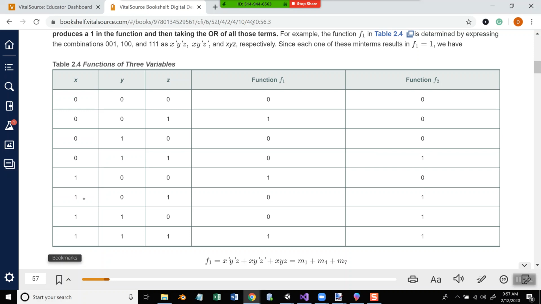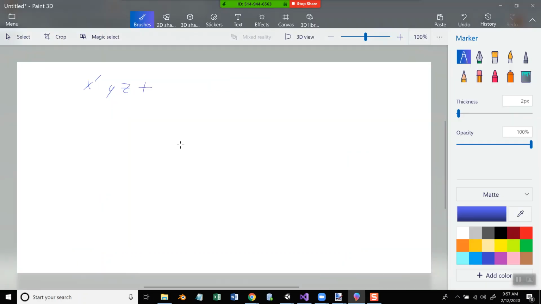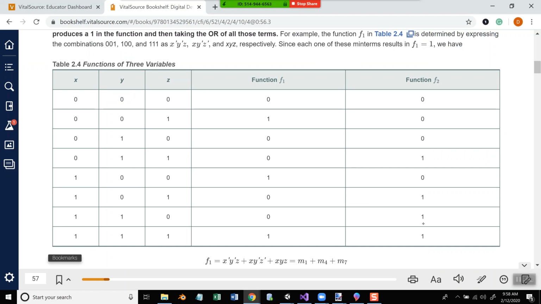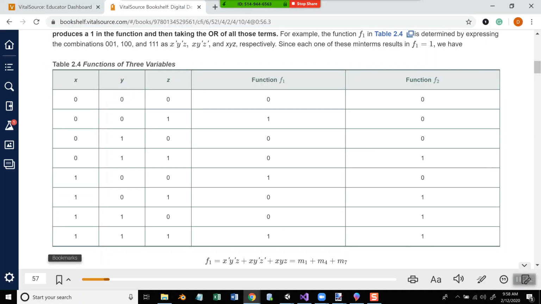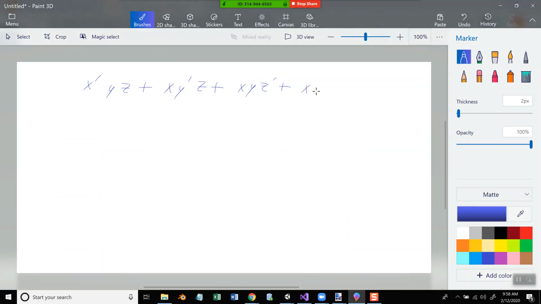So that's 1, 0, 1. That's x, y prime, z. And this one is 1, 1, 0, so that's x, y, z prime. And this one's a 1. These are all 1, so that's x, y, z.